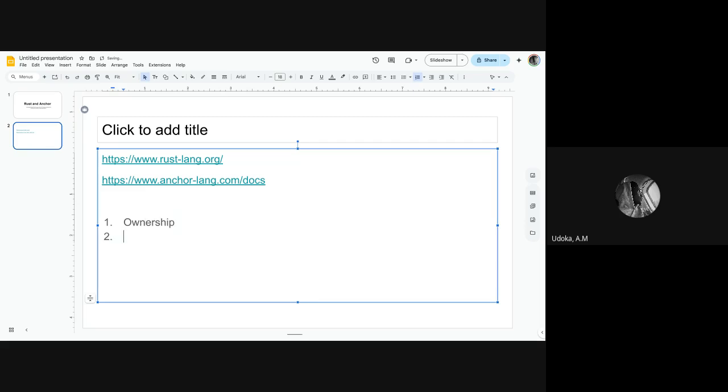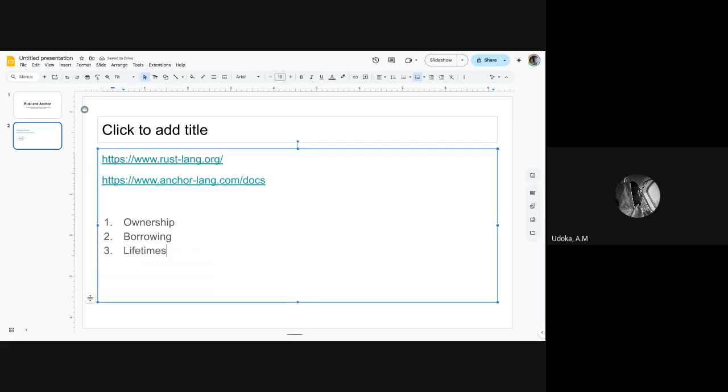Then the second concept I gave was borrowing. I'm going to still use that book to explain this. Imagine the book only has one owner at a given time. So if another user is going to use the book, it's going to be borrowed.